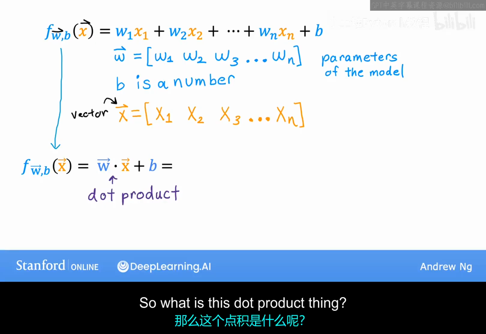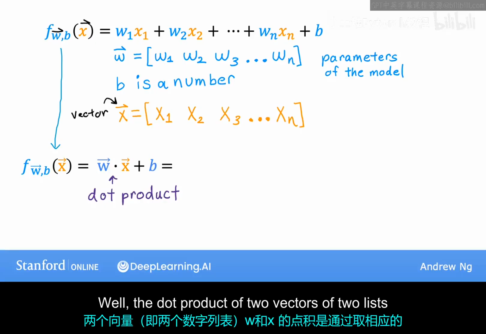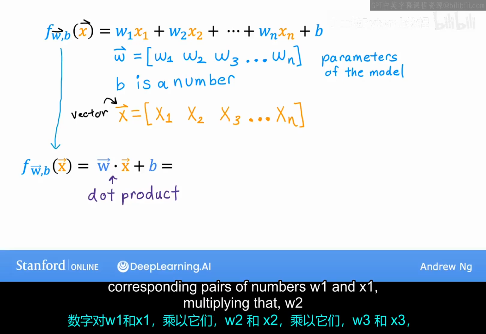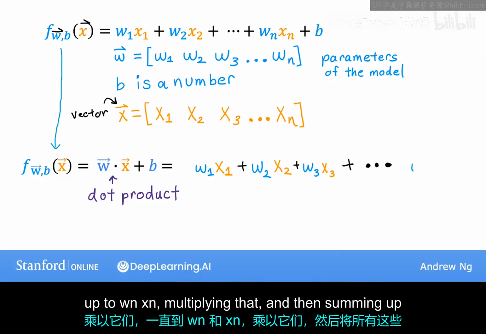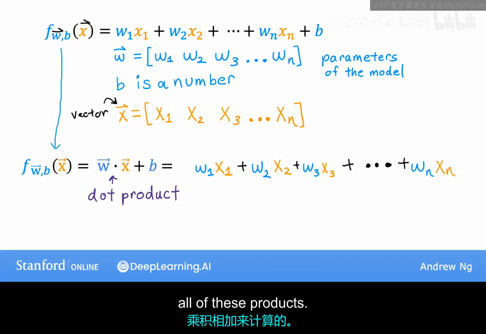So what is this dot product thing? Well, the dot product of two vectors, of two lists of numbers W and X, is computed by taking the corresponding pairs of numbers, W1 and X1, multiplying that, W2, X2, multiplying that, W3, X3, multiplying that, all the way up to Wn, Xn, multiplying that, and then summing up all of these products.